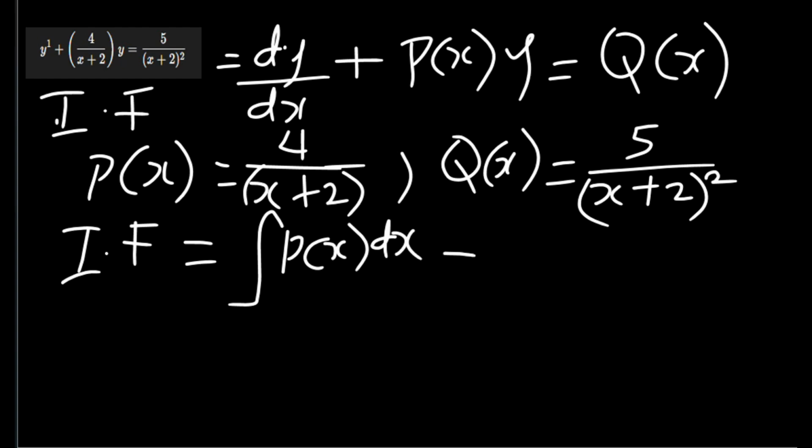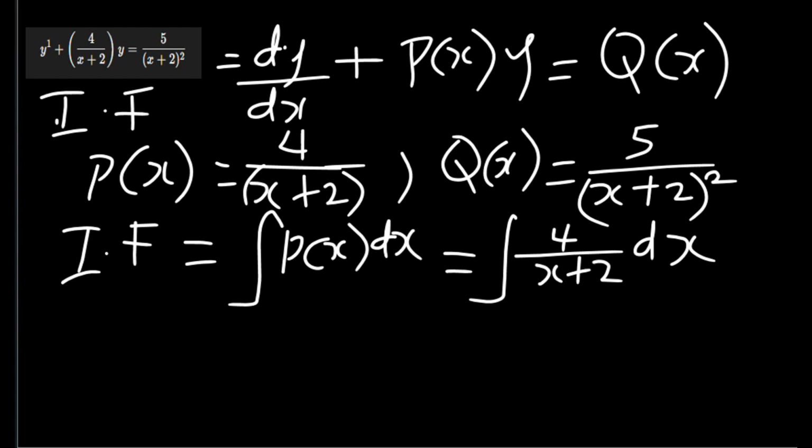So you write that. Now let's just focus on the integral part. We have the integral of p of x, where p of x is 4 over x plus 2, dx. When you have 1 over x and you are supposed to integrate, you get ln of x.